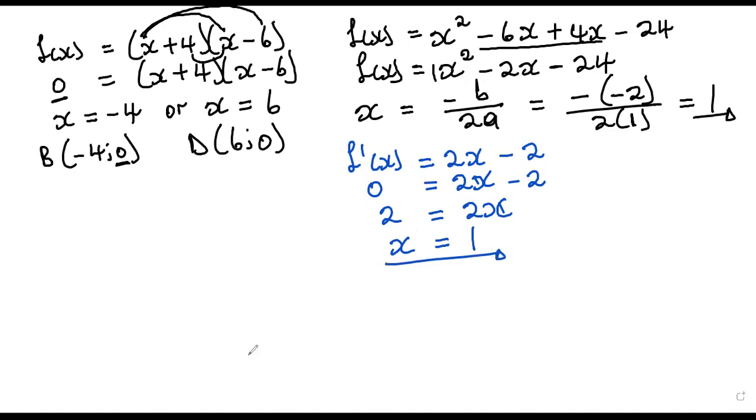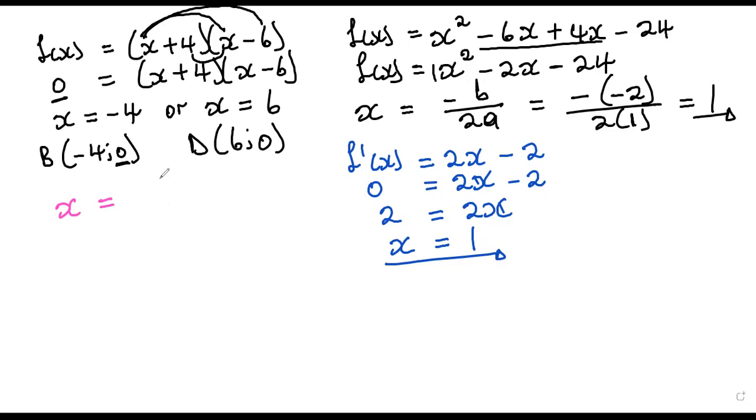Alternatively, what could you have said? You could have said, because you understand that the axis of symmetry passes through the x-coordinate of the turning point, if you must find the x-coordinate of the turning point, you just need to find the midpoint of your two x-intercepts.